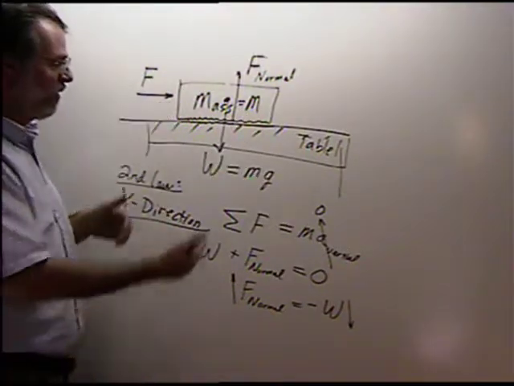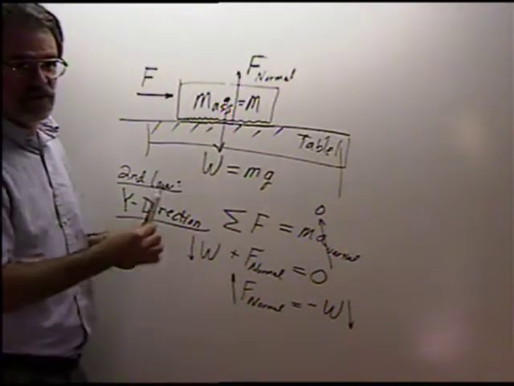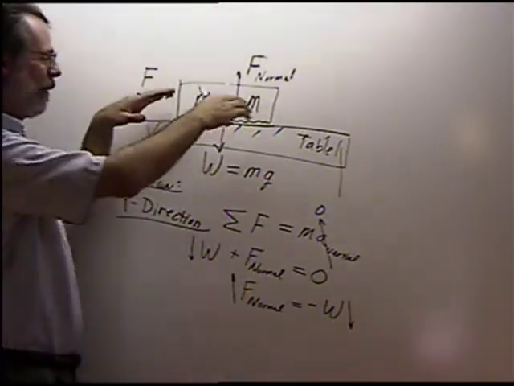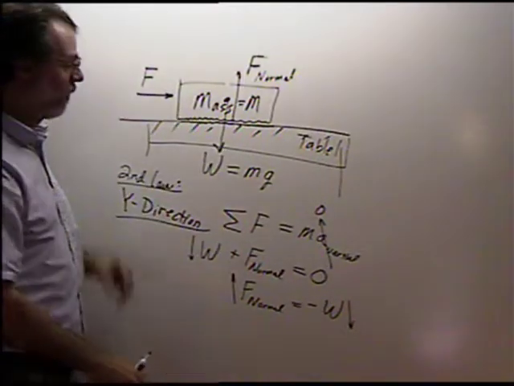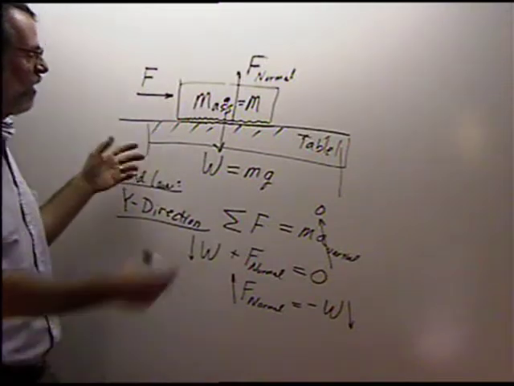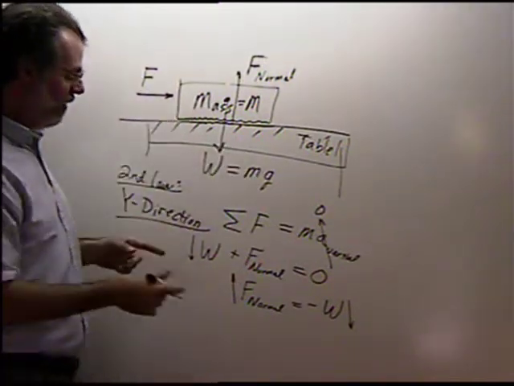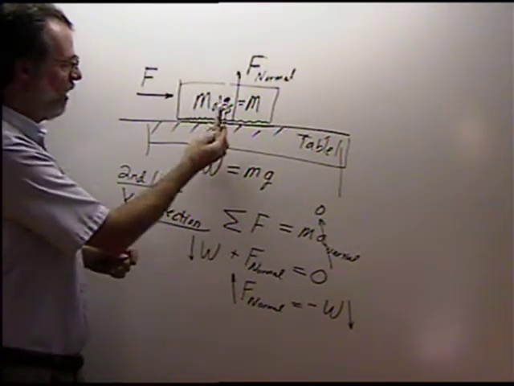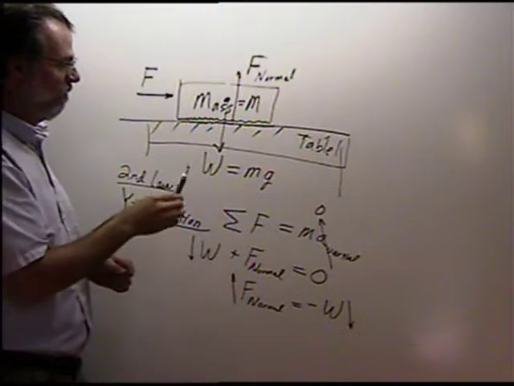When the table breaks, the normal force that's able to resist the weight can't resist it anymore, and the whole table accelerates down. Okay? So, in this situation, let's say the table is strong enough to withstand this mass. That means that the normal force is equal and opposite to the weight of the mass.